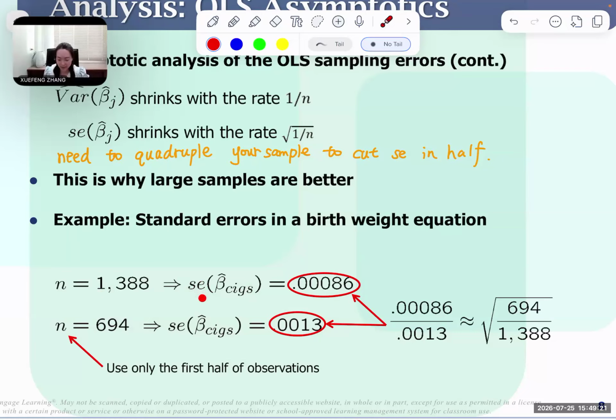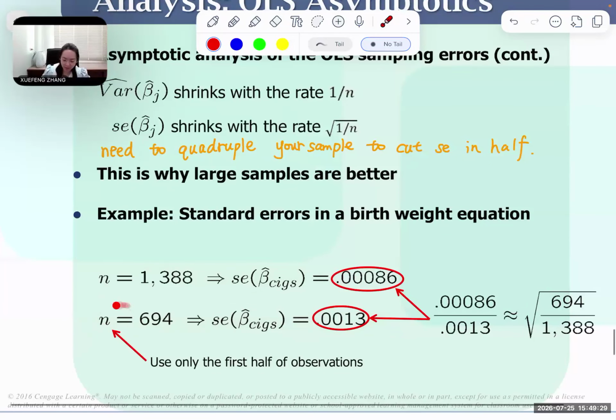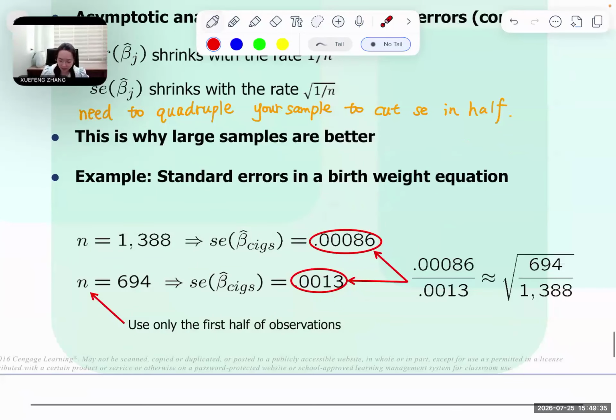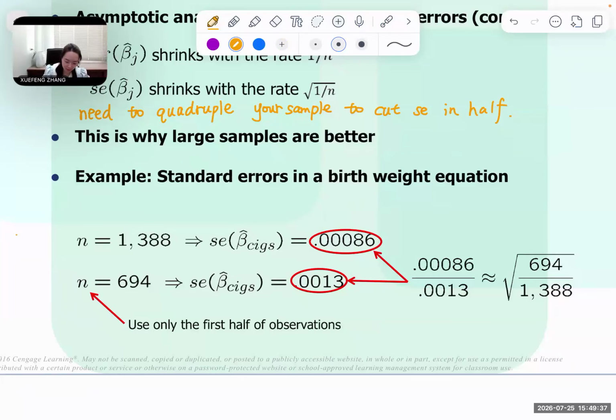We have SE of beta 6 hat equals 0.00086. And this is the half sample, where SE is 0.0013.